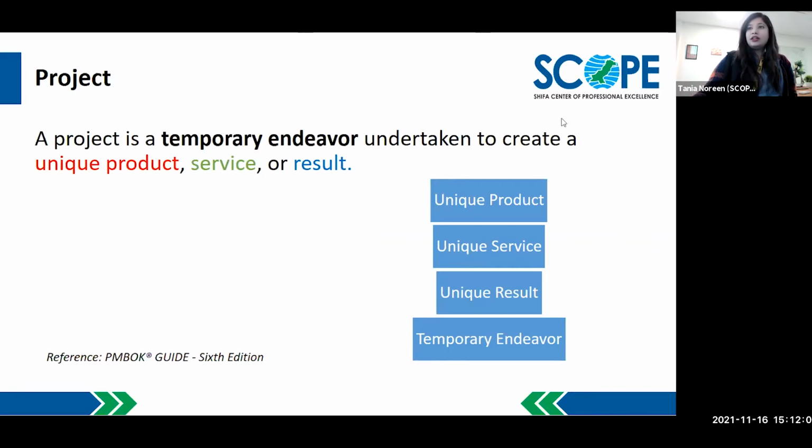The main part here is that projects are temporary endeavors; they have a start date and an end date. They are created to achieve a unique product, which is tangible, a service, which is intangible, or a result, an outcome which we want to achieve. All of these have to be unique in nature and should have a start date and end date. That is the main definition which the PM book defines.